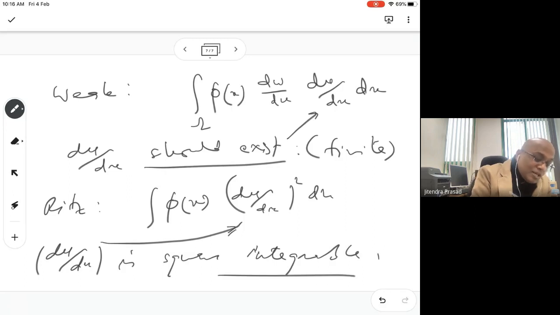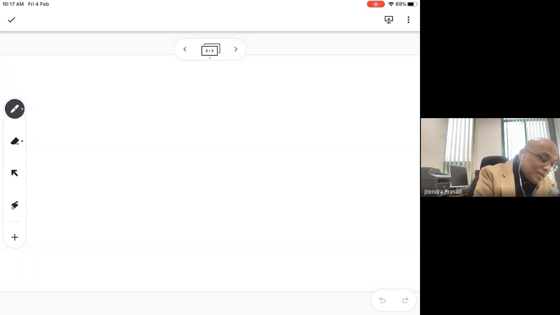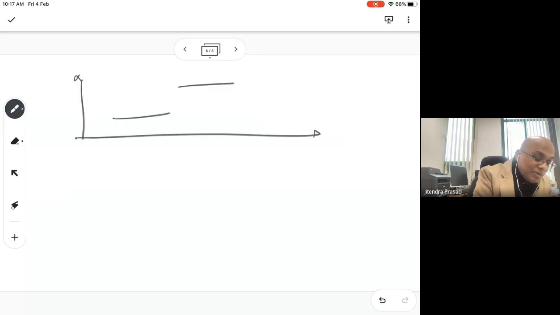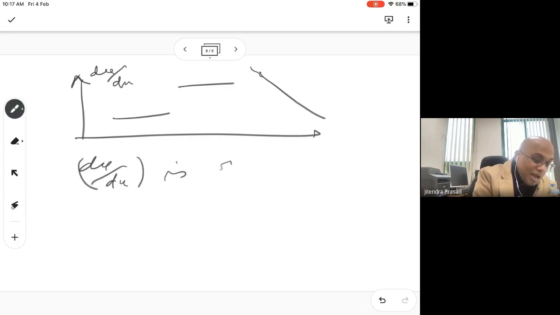That really means that du over dx has to be finite to begin with, otherwise you cannot square integrate it. So what does square integrable mean? If you have du over dx which is something like this, then you call du over dx square integrable.